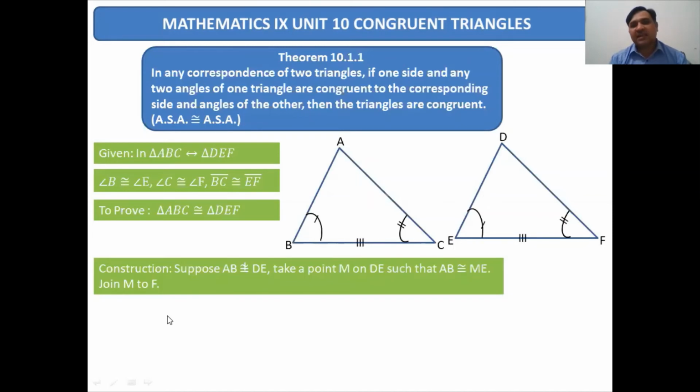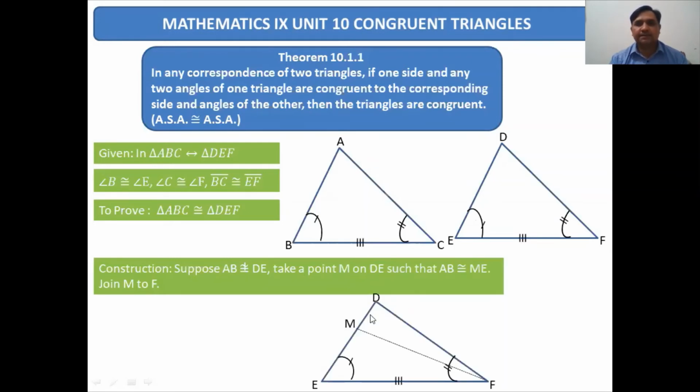So our construction is that we have supposed that this side AB is not congruent with DE, and we have to take a point M on DE such that this AB is congruent with ME. So, and then join this M with F. So I have taken here this point M, so that this ME is congruent with AB. See, so this is our construction.